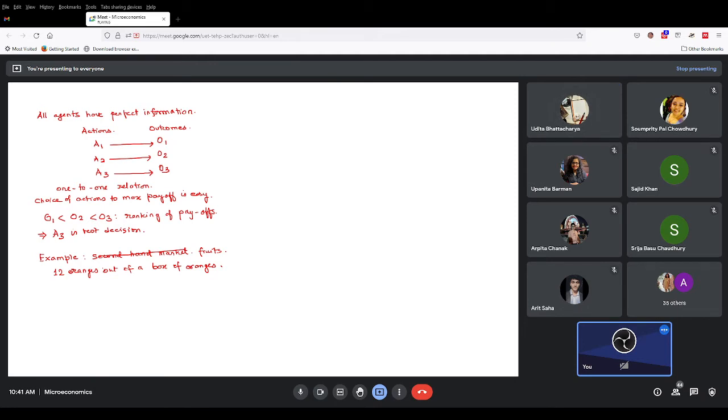No. So you will use some criteria like the skin should be tight, it should be orange. You'll use some criteria, but the problem is that you lack perfect information. So you will choose 12 oranges.